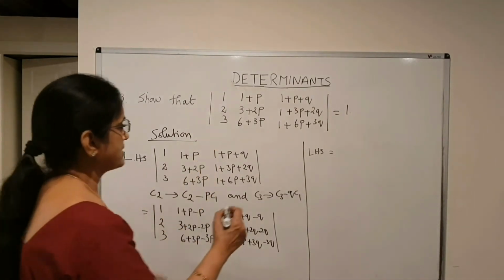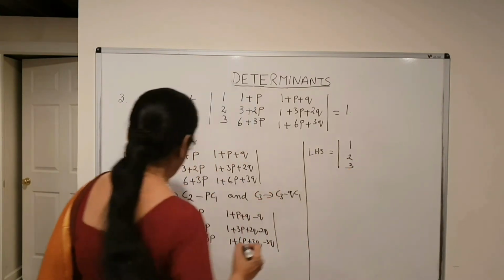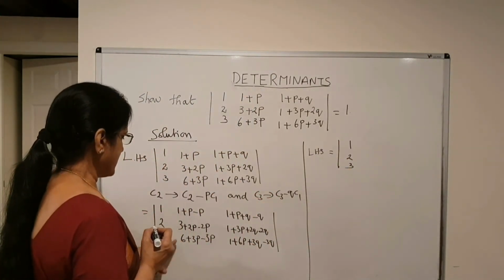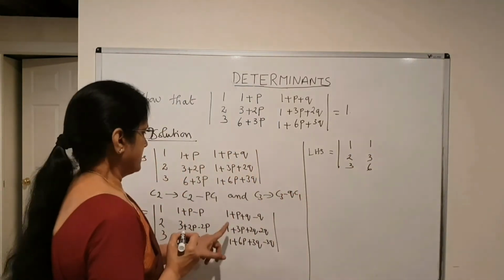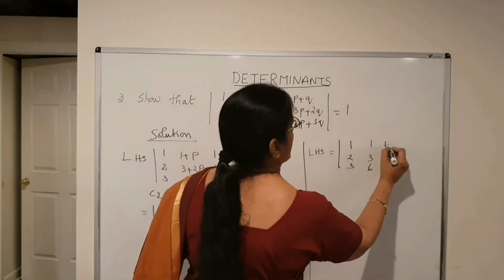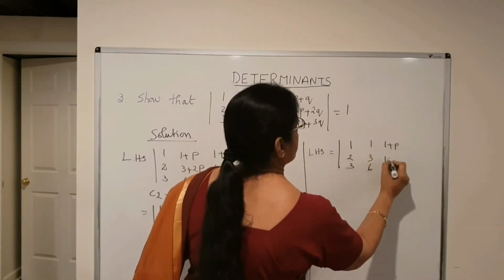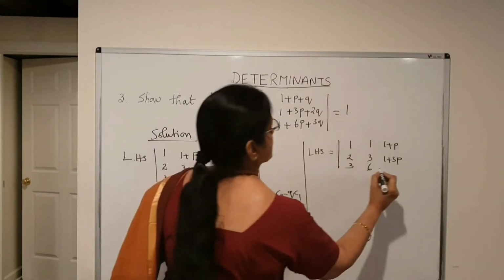You will be left with determinant 1, 2, 3. Here I will have 1, 3, 6, 1, 3, 6. Here I will be having 1 plus P, 1 plus 3P, then 1 plus 6P.